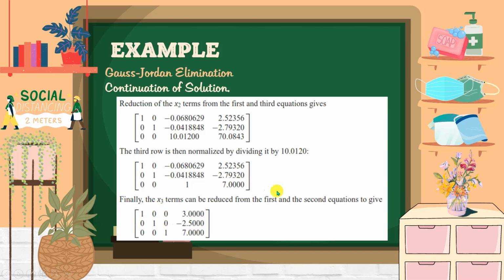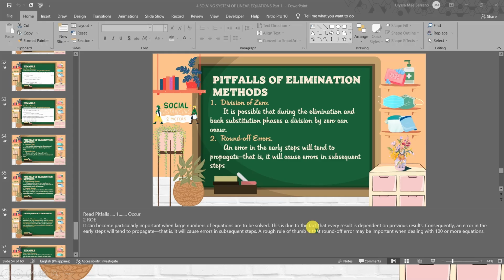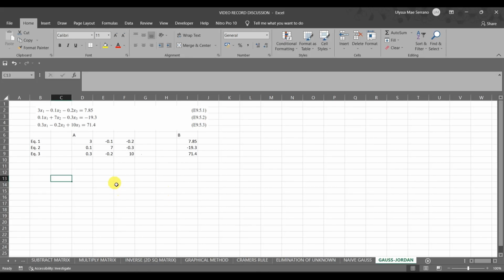So para mas maunawaan natin yung ating given example, we're going to apply Excel, using the Gauss-Jordan method. There is a similarity, but the main purpose of Gauss-Jordan is to make this given matrix into an identity matrix.